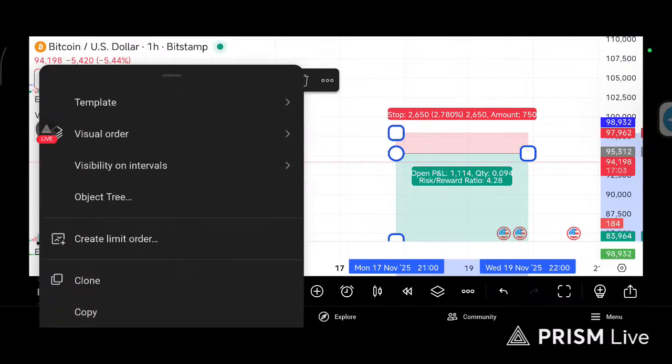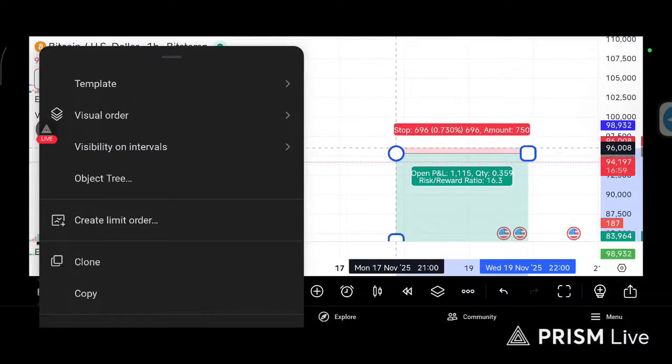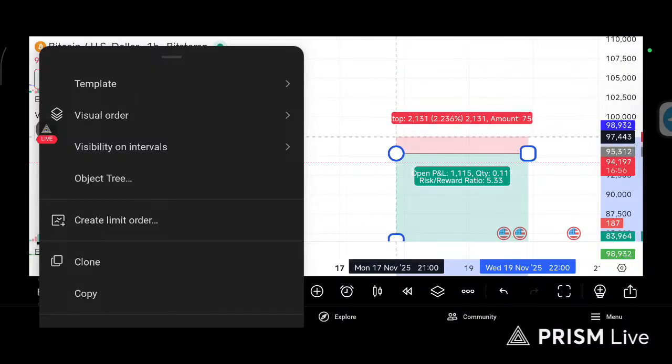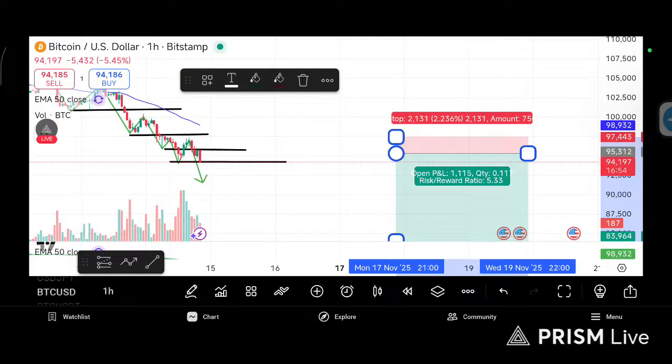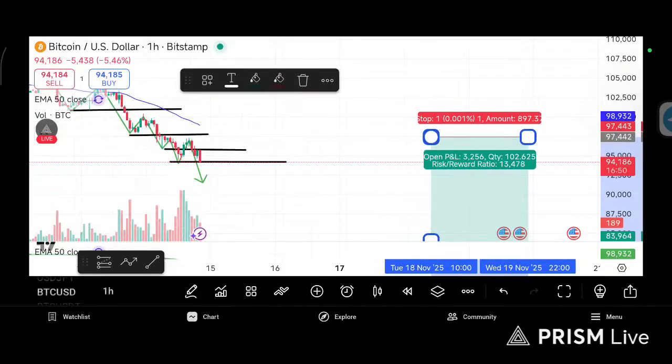We take our stop loss. What's wrong with this thing? We take our stop loss quite below.